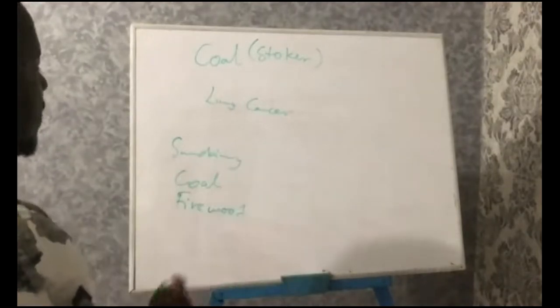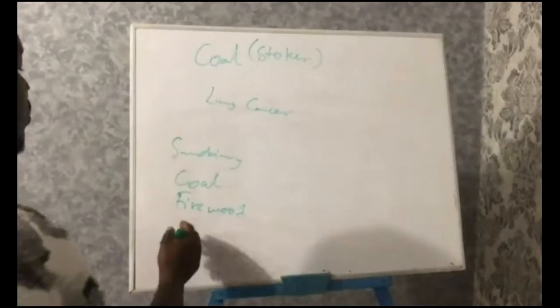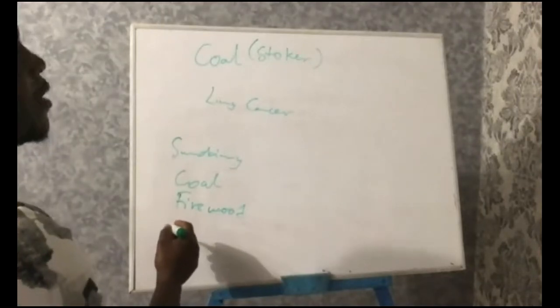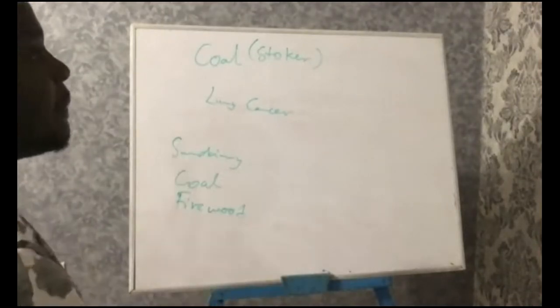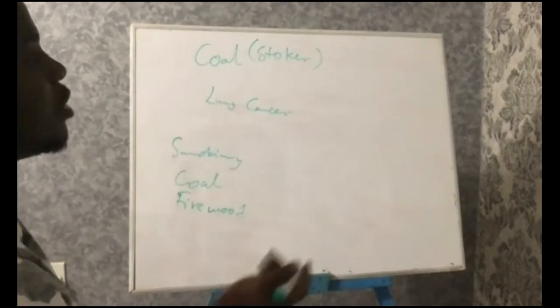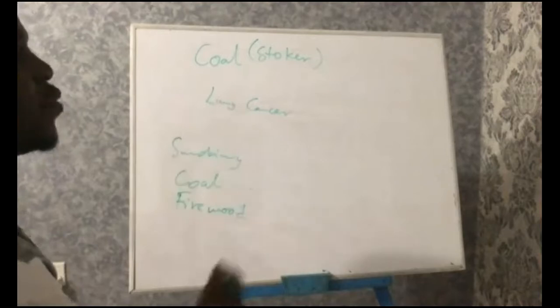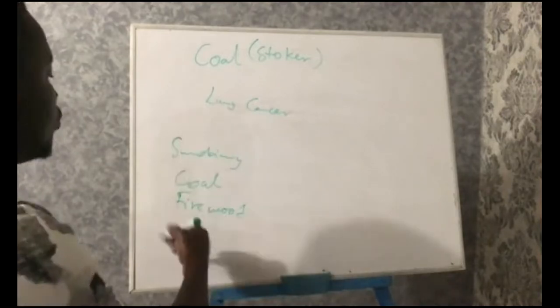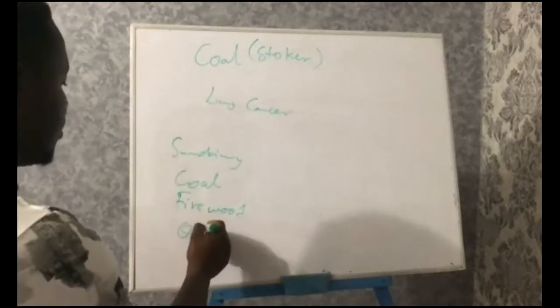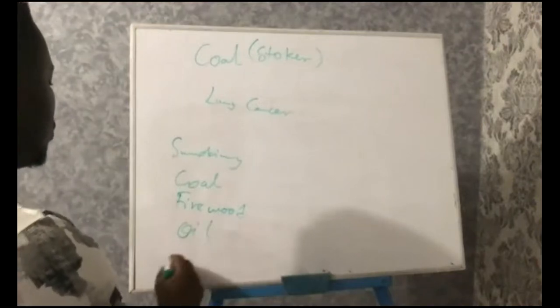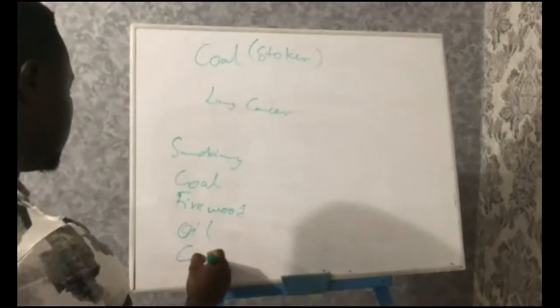And smoking. And even, you know this, when you use an oil to fry maybe your potatoes or whatever, and you use it again and again, continuous reheating or reusing of oil, and also crude oil.